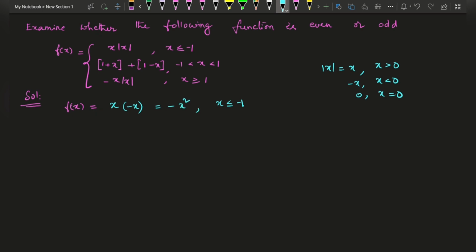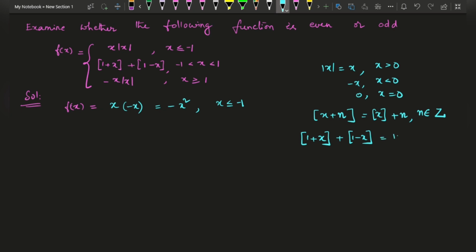Similarly, next one. Do you remember this property? Integral part of x plus n is equal to integral part of x plus n, if n is any integer. Even here, let us consider the second function, integral part of 1 plus x plus integral part of 1 minus x. Here 1 is an integer.